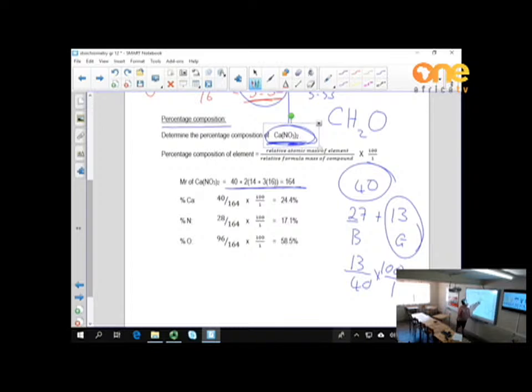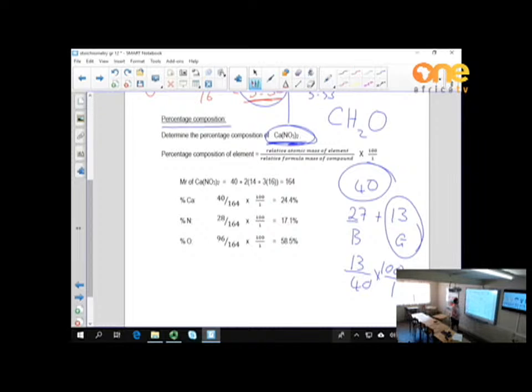Now, nitrate consists of nitrogen, which is 14, and there are 3 oxygens. So it's 3 times 16, but we will have 2 of the whole nitrate thing. So we get a total mass of 164. So in that substance, this is the whole, and these are parts of the whole.